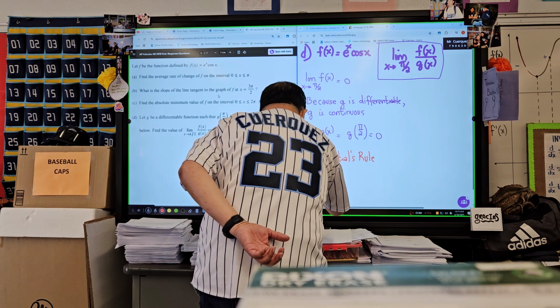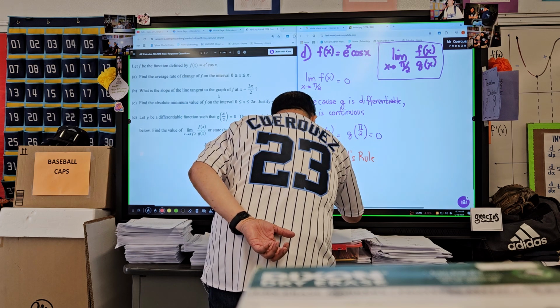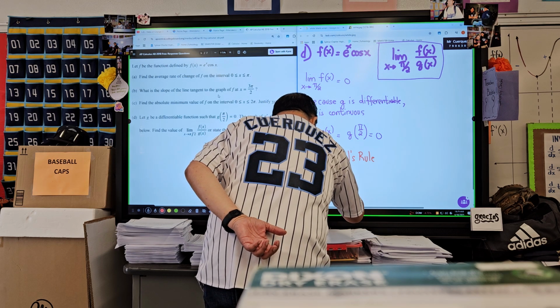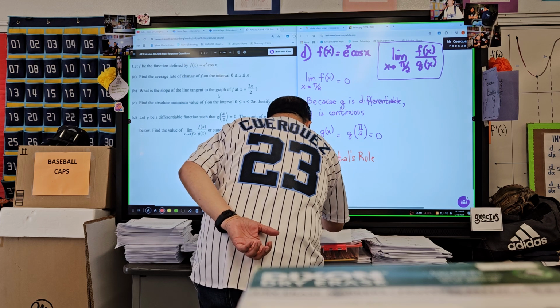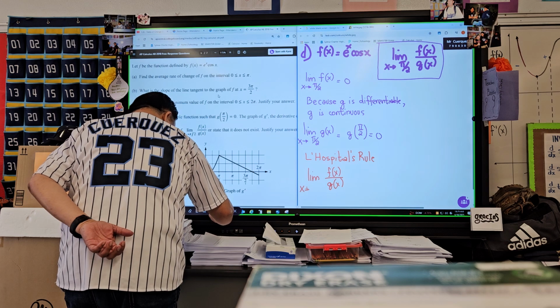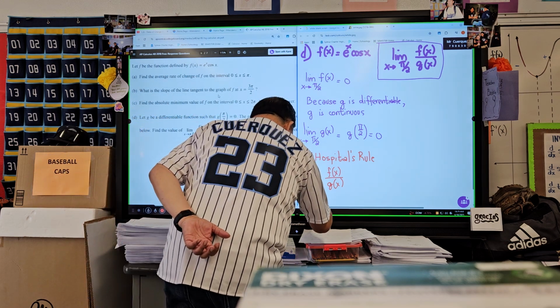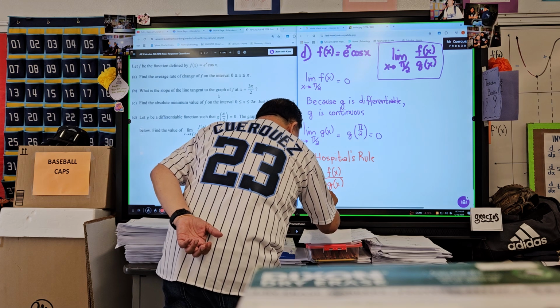So we have the limit of f of x over g of x as x approaching pi over 2.